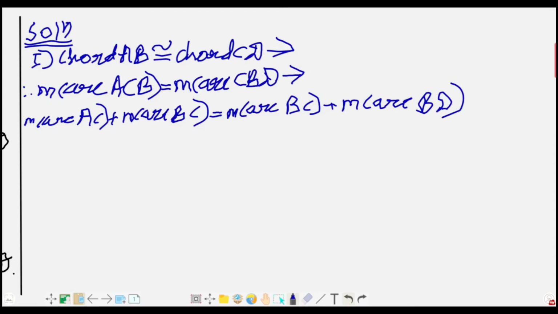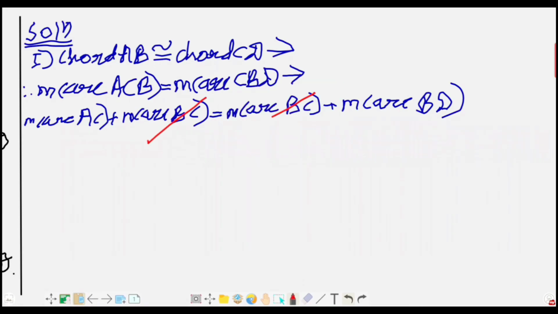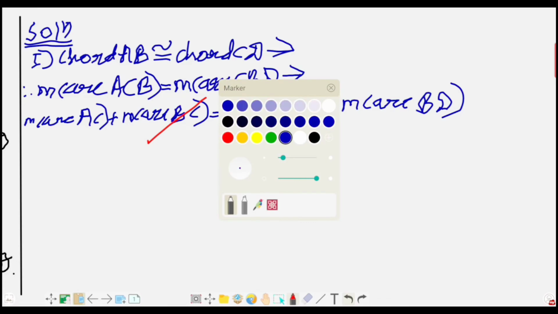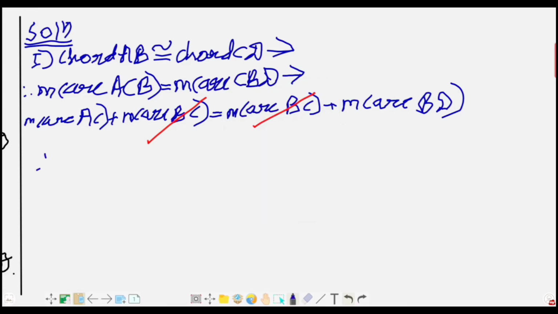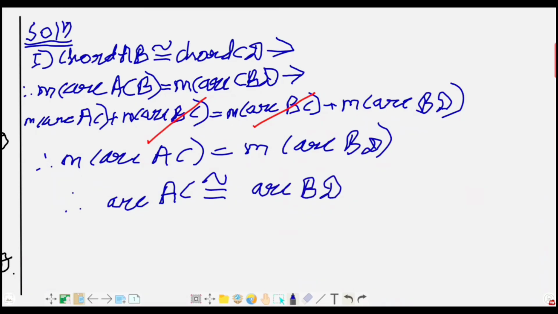Correct? Now, on both sides arc BC is the same, so it will get cancelled out. What remains, students? The measure of arc AC is equal to the measure of arc BD. But when you want to write the congruent sign, what do you have to write? Arc AC is congruent to arc BD. That is what they have asked you to prove.